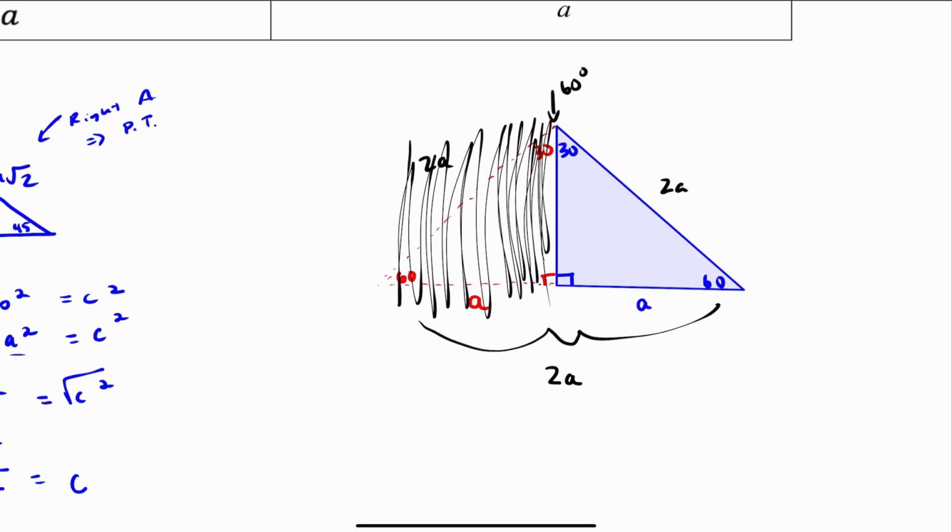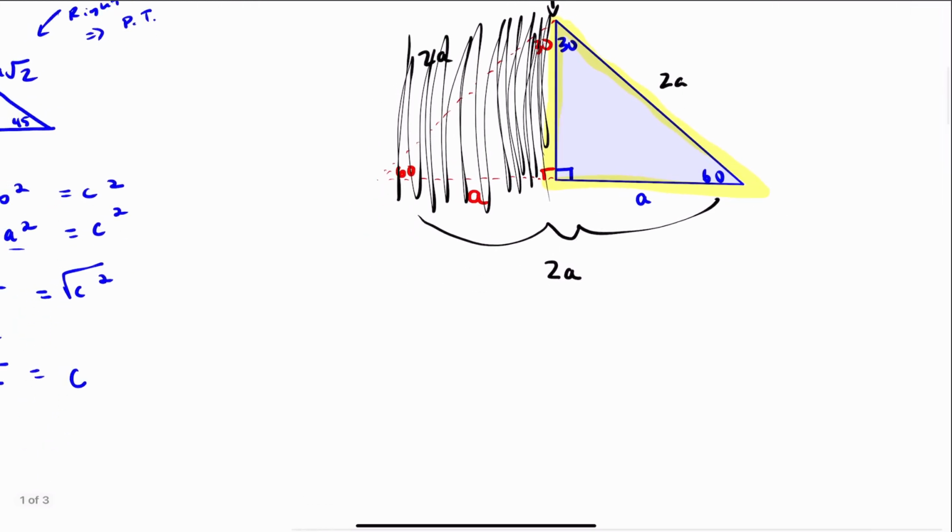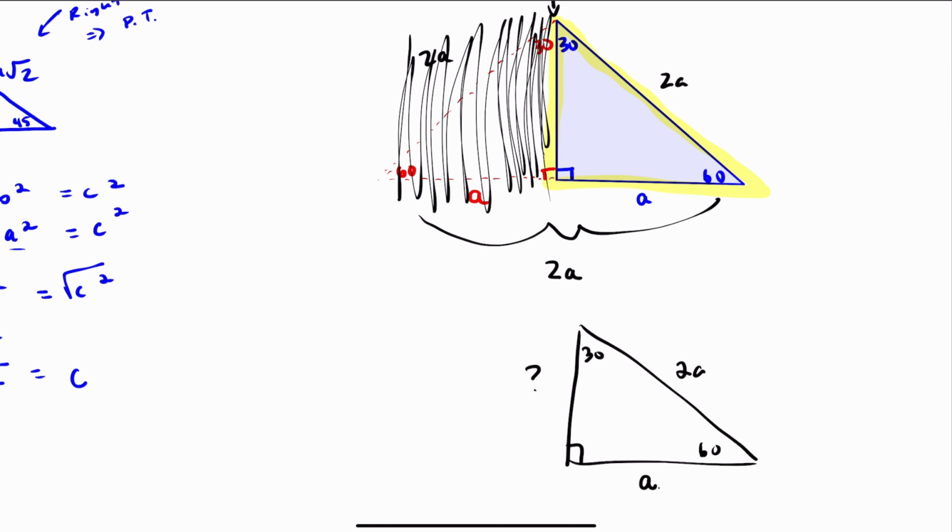So I'm basically focusing on this particular triangle now. Okay? So as you can see, we have my 30, 60, 90 triangle. We have that A over here, and then we have 2A over there. So what is this side?